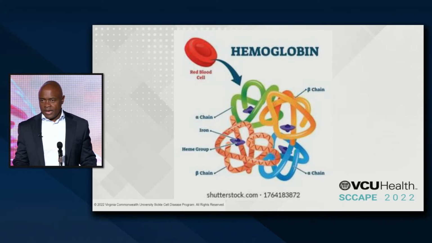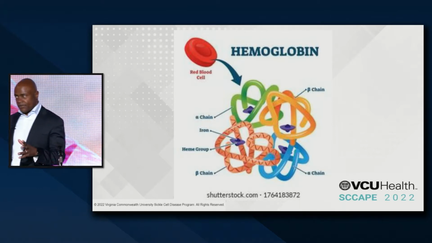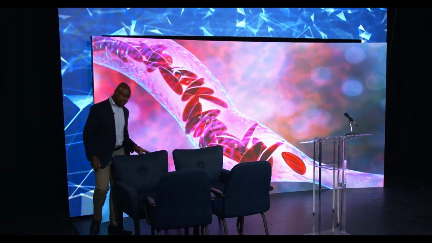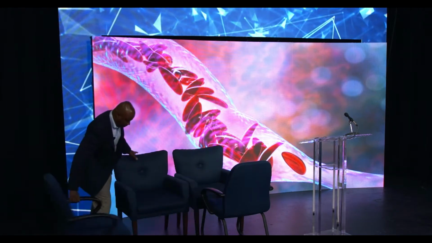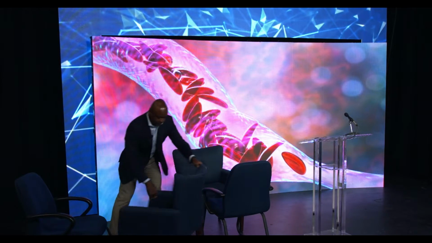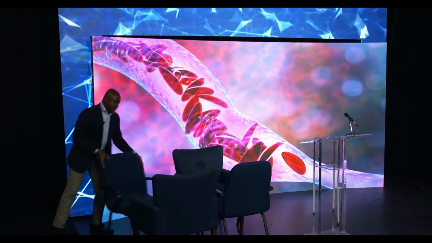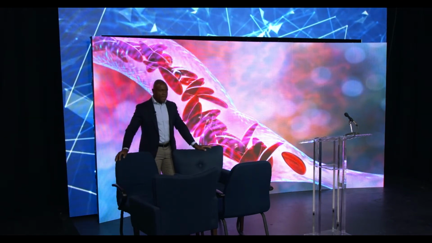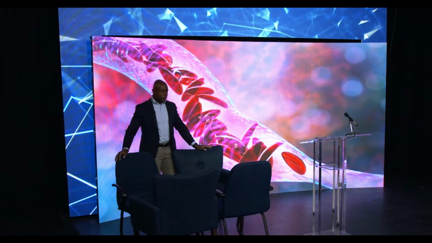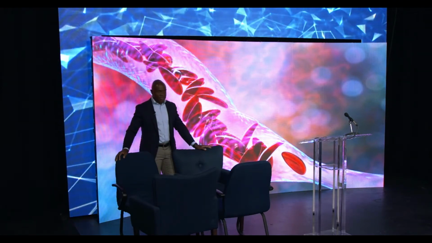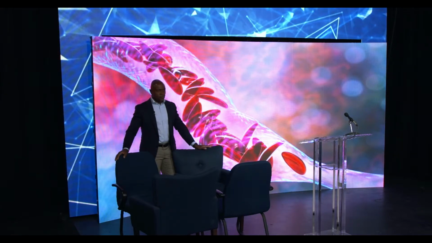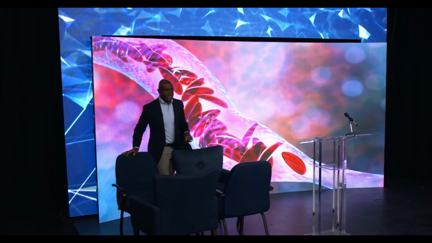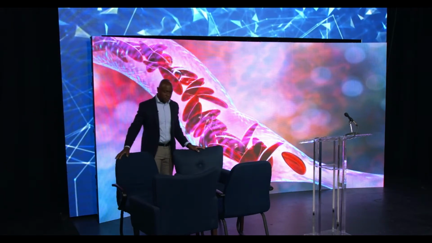And so I'm going to make a little change to these chairs, if everybody can see these chairs, to explain sickle cell disease. The hemoglobin is a protein that has 4 parts, and you can think of it as having 4 chairs. There is what's called the beta chain, which would be these 2, and then you have the alpha chain, that would be these 2.